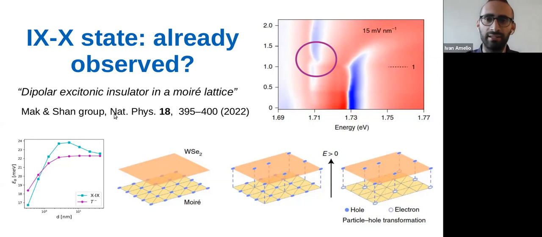So this is an experiment, once again, by the Cornell group. Looking at the attractive polaron, you see a jump around the value at which nu equals 1, at which you form the interlayer excitonic insulator.